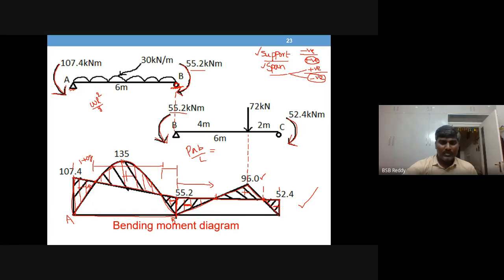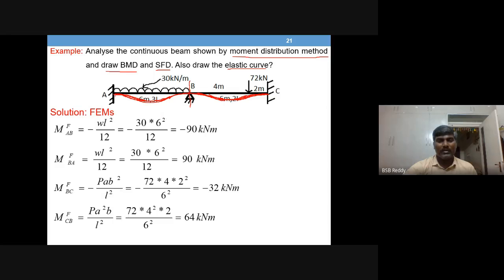Because this area is part of a trapezoid, and a trapezoid is for negative moments, and this is part of a parabola, meaning positive moments. Likewise, the other portion also. Likewise, you can draw the elastic curve easily by observing.